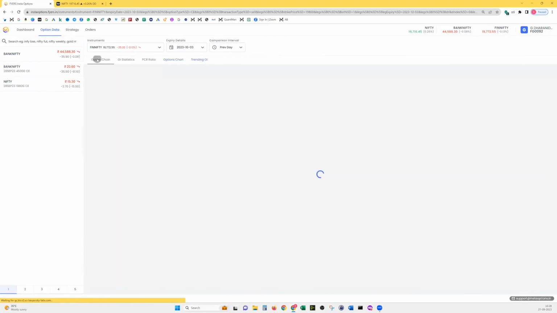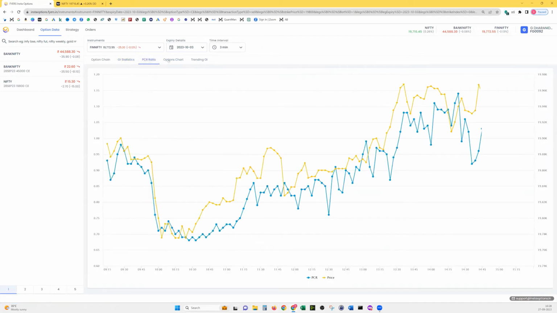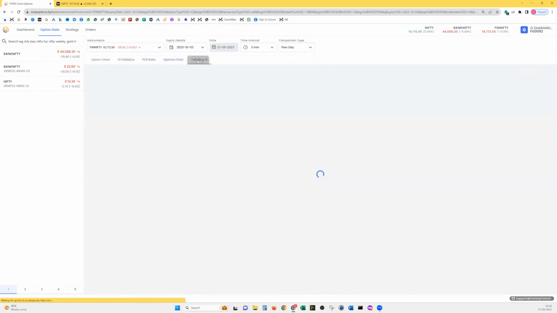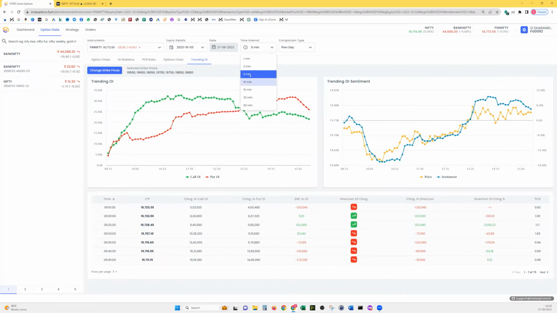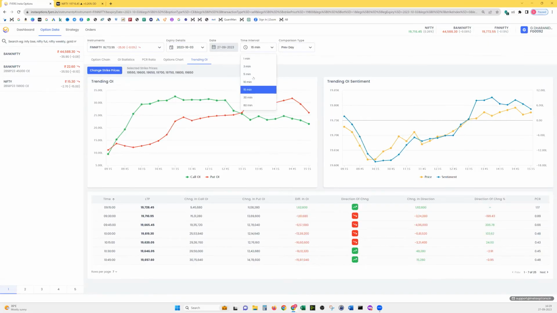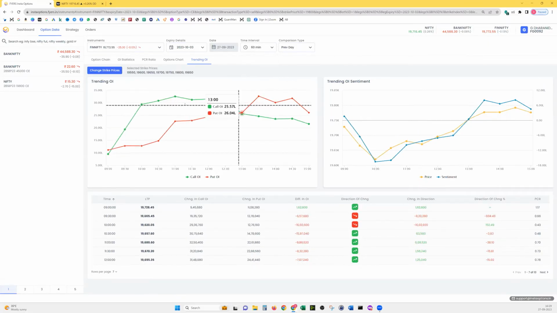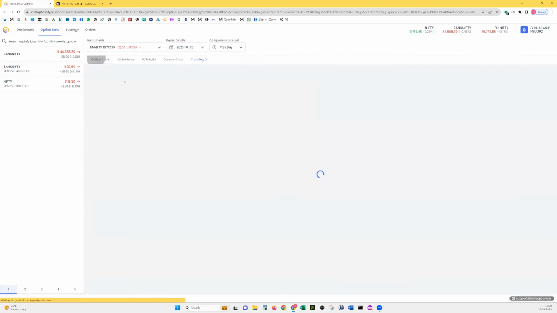So I think I have been able to cover the option chain, OI statistics, the put call ratio, the option charts, and then the trending OI. The trending OI can be done on 3 minutes and 5 minutes charts, as well as 10 minutes, 15 minutes, 30 minutes or 60 minutes. Now let me go to the option chain.